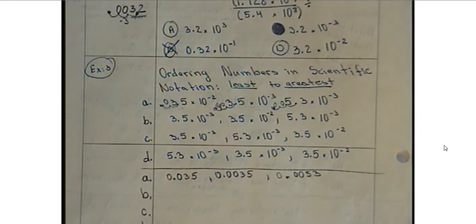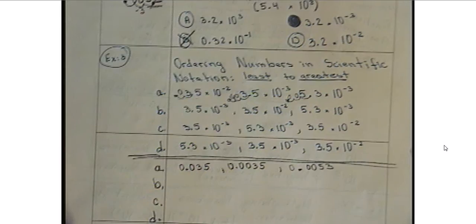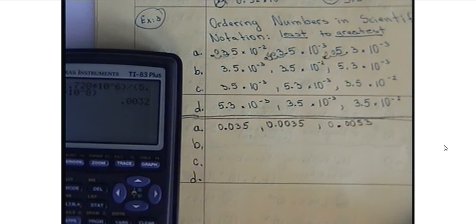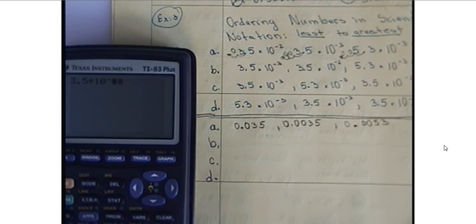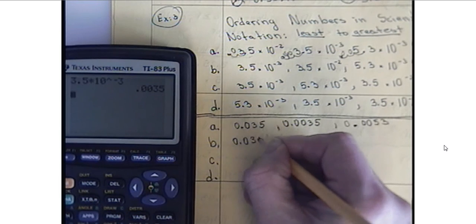Now, this is one way if you are not offered a calculator and you gotta do it by hand. But let's say you can use the calculator here. If you can use the calculator, then just go ahead and type the numbers and you will see what the decimal or standard form is gonna look like. So for the B answer, we're gonna have 3.5 times 10 to the power of negative 3, which is 0.035.